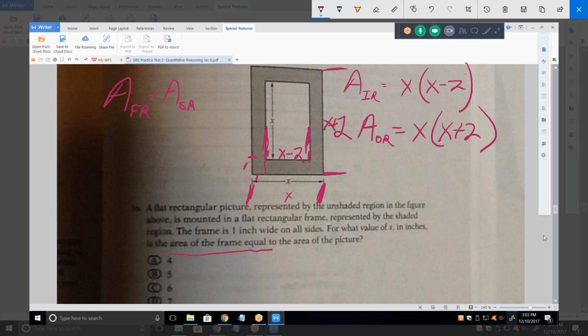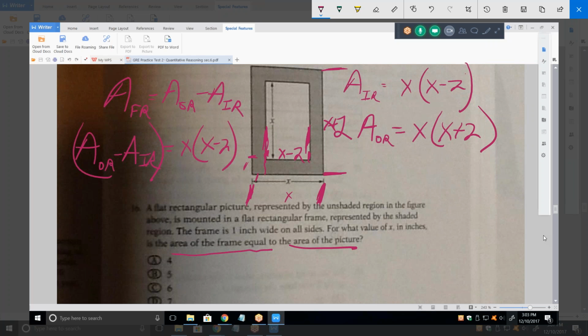So it's the area of the outside minus the area of the inside. That's the area of the frame. They want it to be equal to the area of the picture, which is the inside rectangle. So it has to be equal to that.